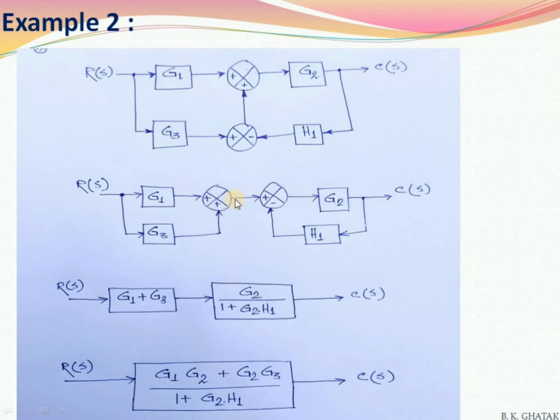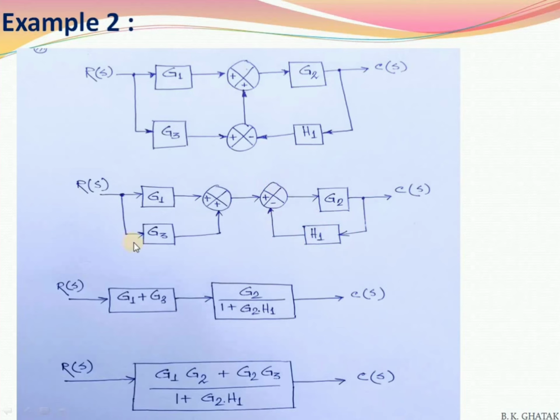Clear? Then the output of summing point S1 is fed to summing point S2, from where we get the output, and that is applied to a block named G2. Clear? And then the output is again fed to a feedback block. From there a feedback signal is applied to summing block S2.